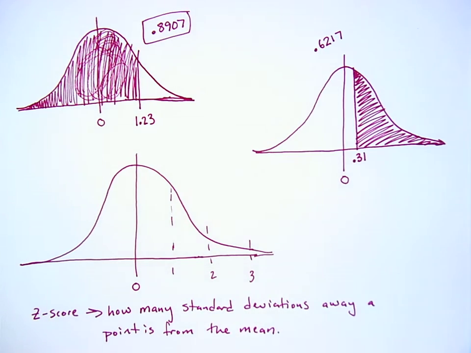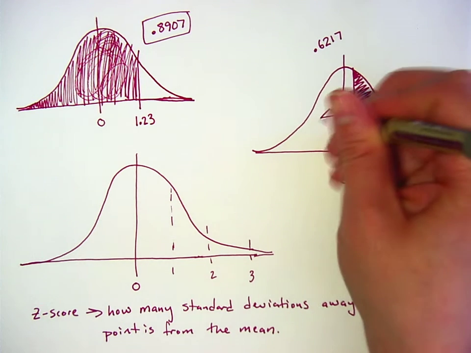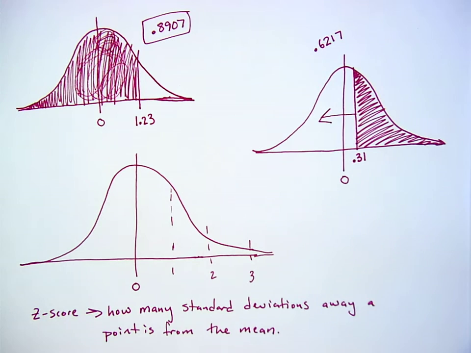Now, does this look like 0.6217? No. Is that because my picture's bad? No. Right, so this way is 0.6217. So what do we have to do when we have something that reads to the right? From 1, yep.